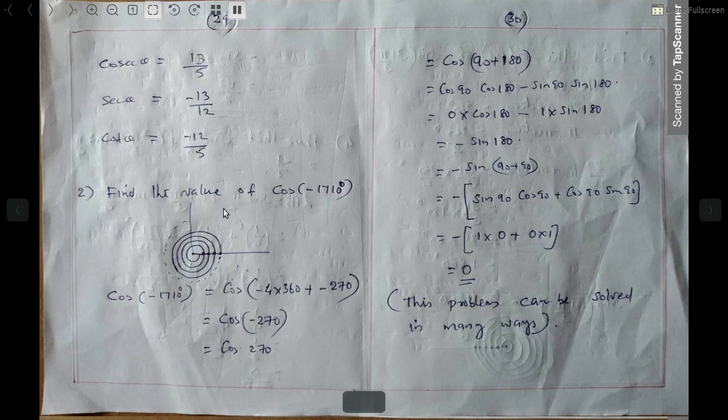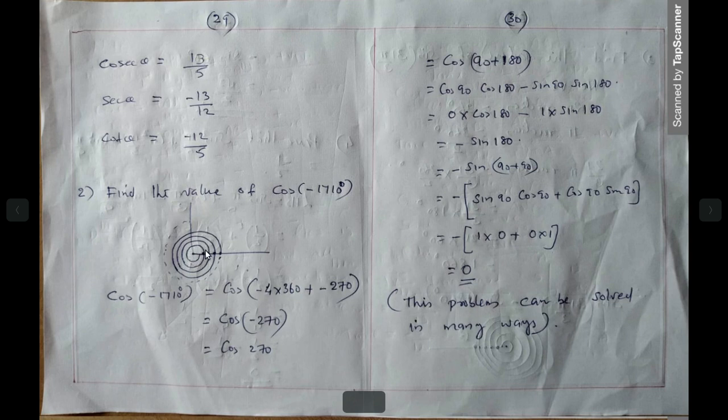Then here, you find the value of cos minus 1710 degree. Since the angle is negative, we can draw the angle on the bottom side of the x-axis. You take your pen here and rotate like this.